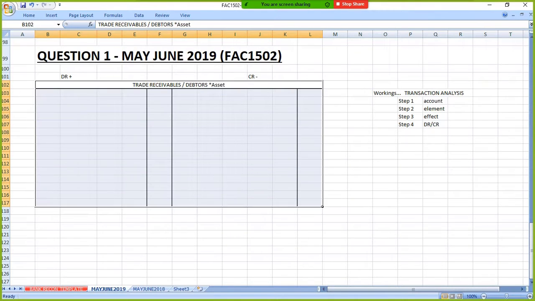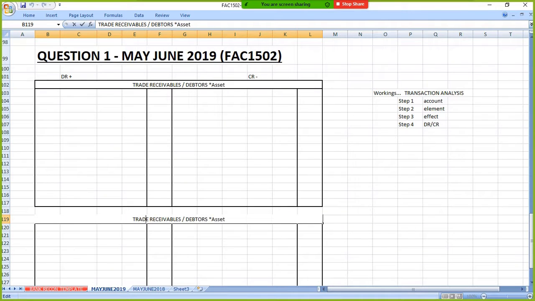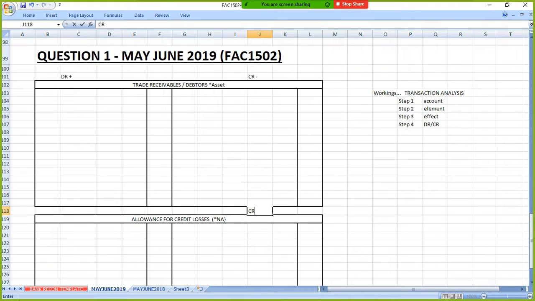What else do I need to draw up? An allowance for credit losses. Okay, what is this? It's a negative asset. If it's a negative asset, it'll have a credit minus and a debit plus. Negative asset, balance will be on this side.